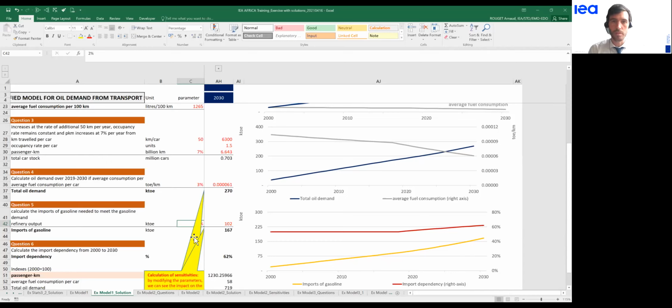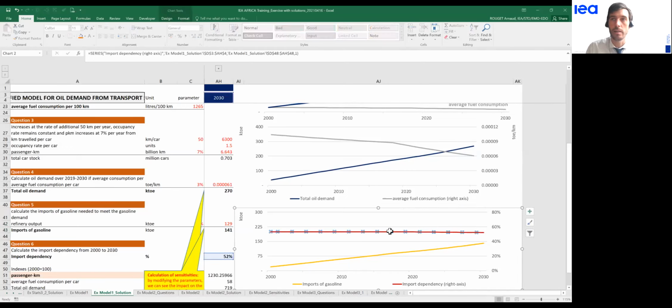If there are improvements in reducing losses, more efficient processes, or some extra investment, we can suppose that every year refinery outputs will grow, let's say, at 4%. And you can see that just by playing with those two parameters, if you look at our red line, which is the import dependency, instead of rising to 70%, it's maintained at 50%.